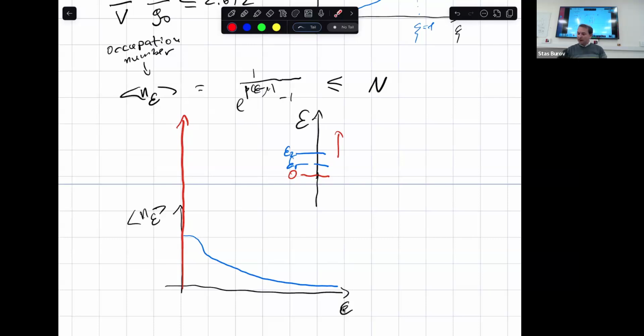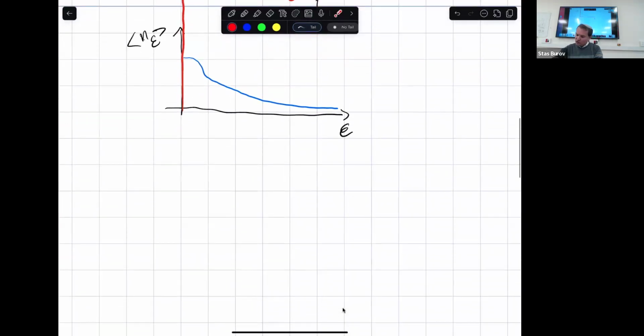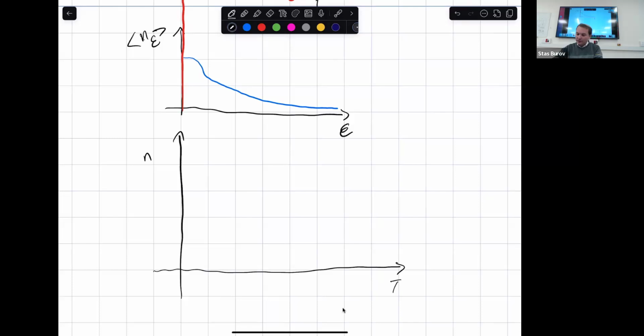So if I want to see what happens as a function of temperature at the 0 level, the average number of particles at the 0 level divided by the total number of particles, okay?